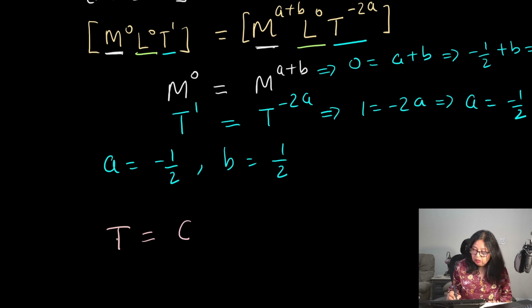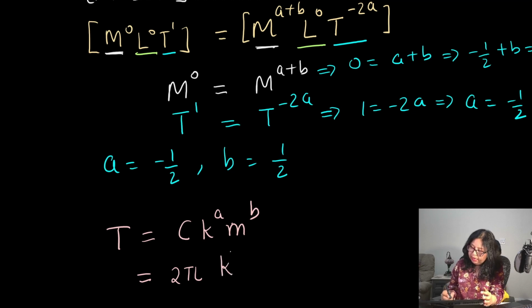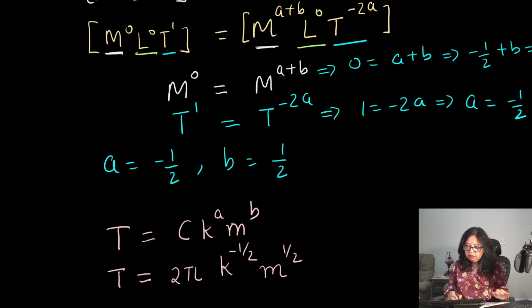T equals C times K to the power A, M to the power B. And it turns out experimentally that C, the constant of proportionality, is again 2 pi. Next, I'm going to put K to the power minus 1/2 times M to the power 1/2. This is our T.